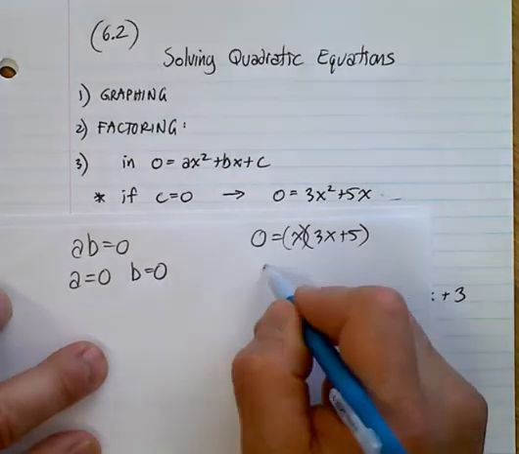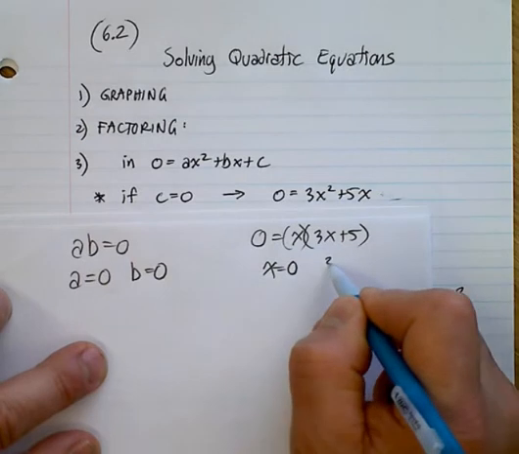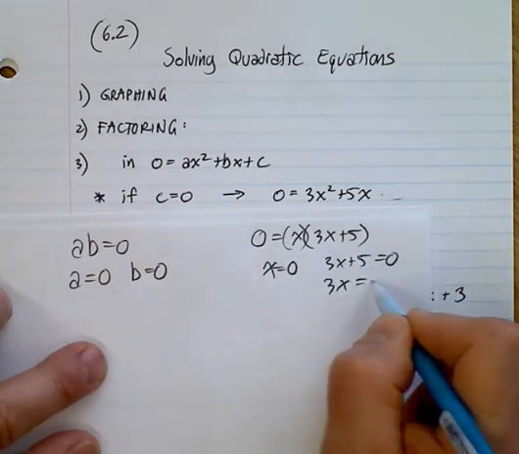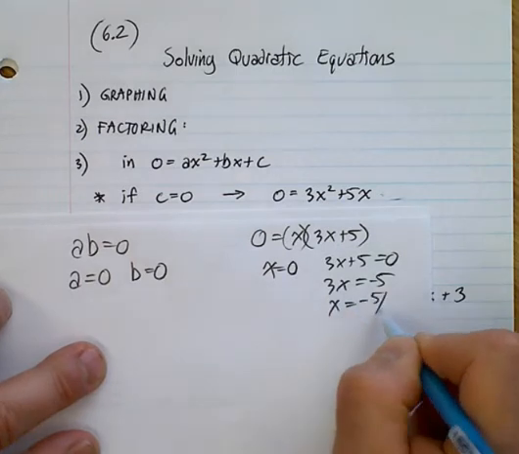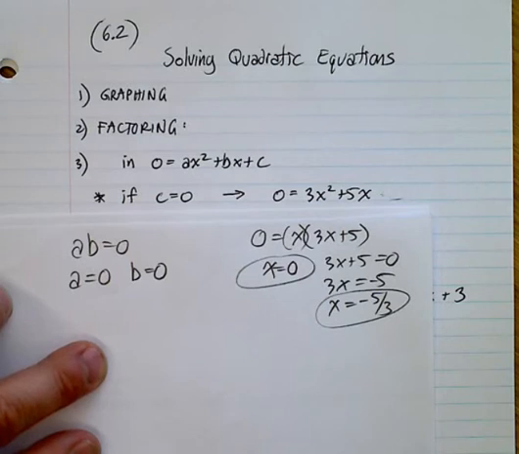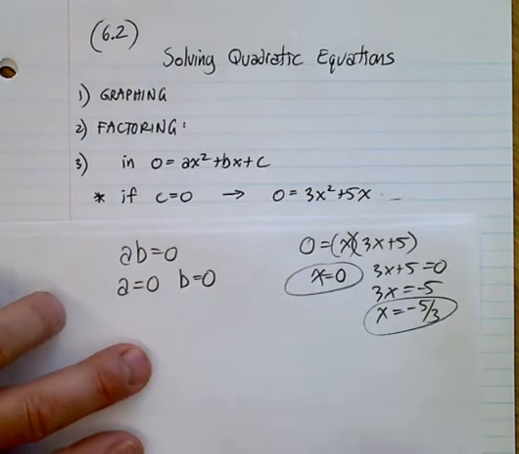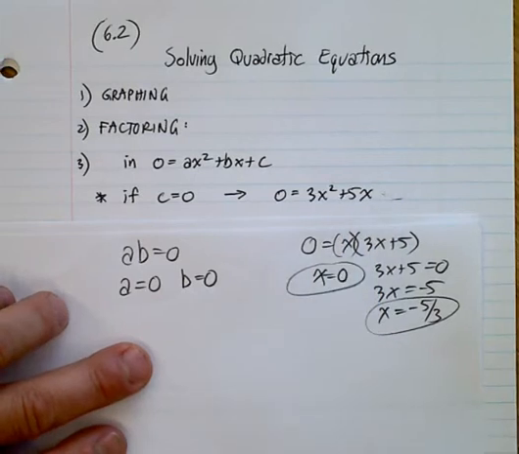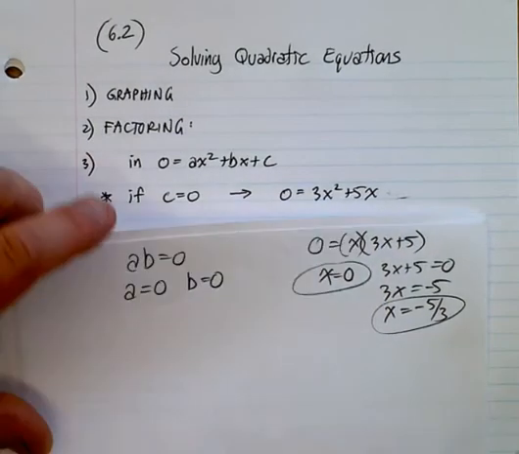So x is equal to 0, and 3x plus 5 is equal to 0. And then we just solve this here, and you get negative 5/3. Those would be your solutions, okay? Every single time you get these questions, when you don't have that last constant, you can always take an x out, and it makes the question significantly easier.